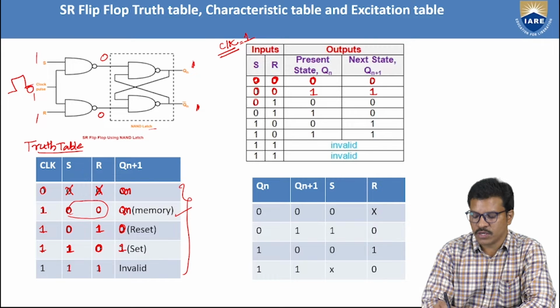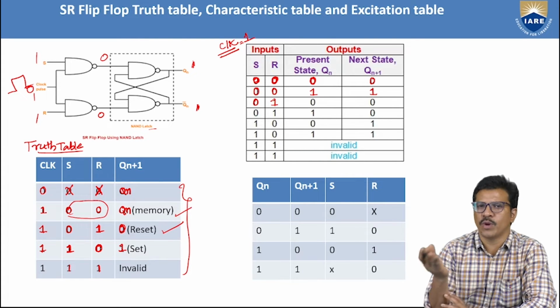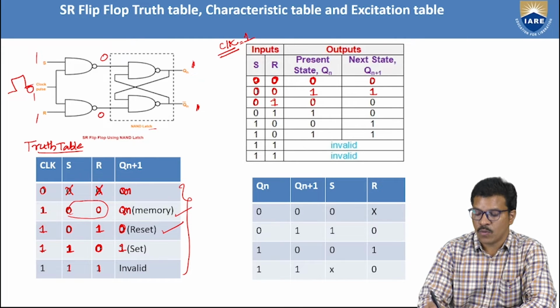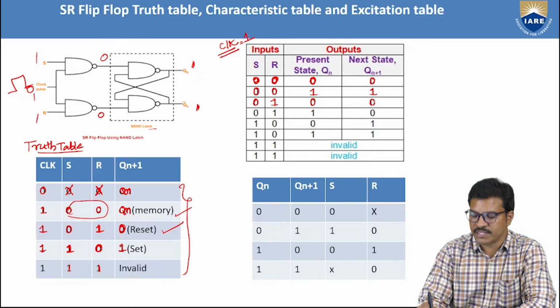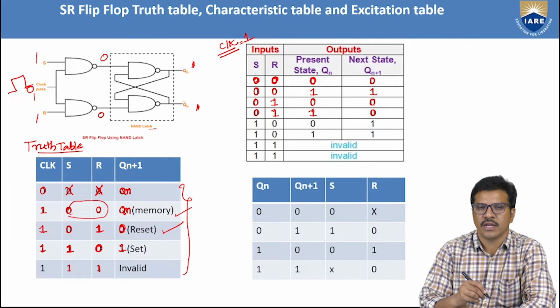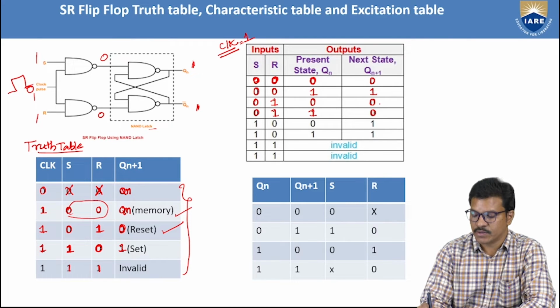When S is equal to 0, R is equal to 1, what condition is it in the truth table? S0 R1 is reset. Irrespective of present state, the output will be reset. Suppose present state is 0, whatever the input, the output must be reset, which means 0. The same case if we assume the present state is 1, ultimately it will go to reset. So this is the condition for reset.